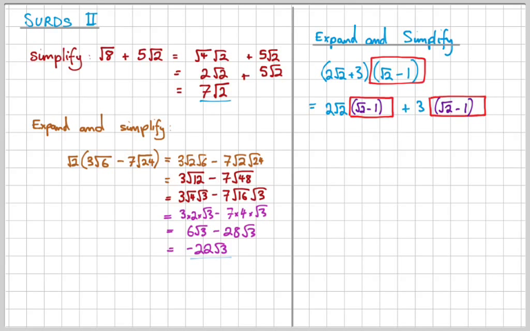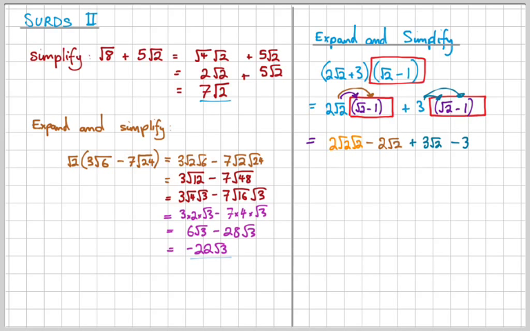Expanding each of those brackets separately, the first bracket becomes 2 root 2 times root 2, and 2 root 2 times minus 1 is minus 2 root 2. Next, 3 times root 2 is 3 root 2, and 3 times minus 1 is minus 3.